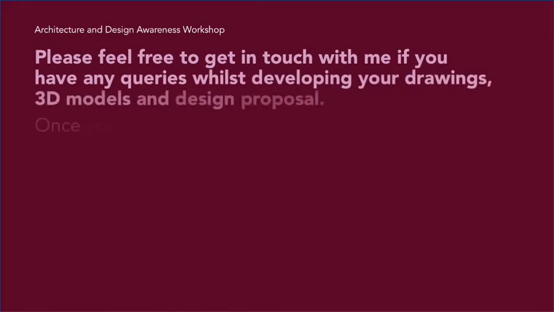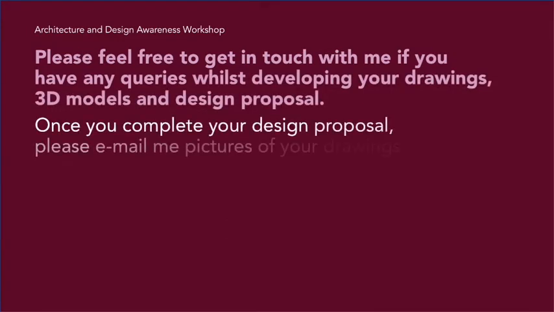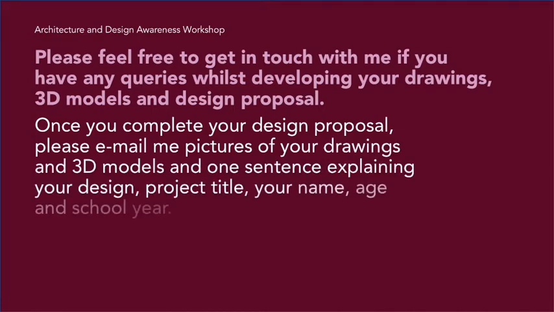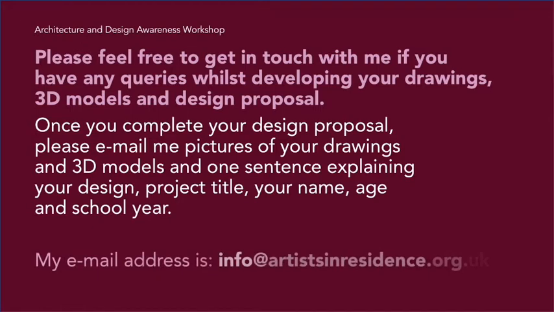Tell me what it is that you don't understand, what is not clear, or why you are stuck, or where you are stuck. Send me images of the things you've done to date, and I'll get back to you. The email is showing here on the screen: info@artistsinresidence.org.uk.